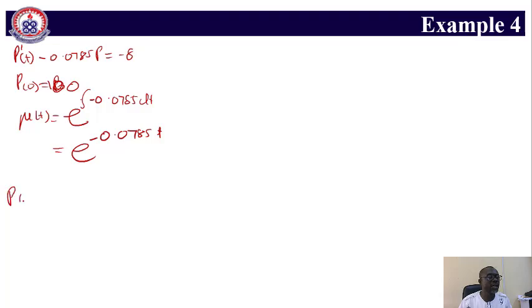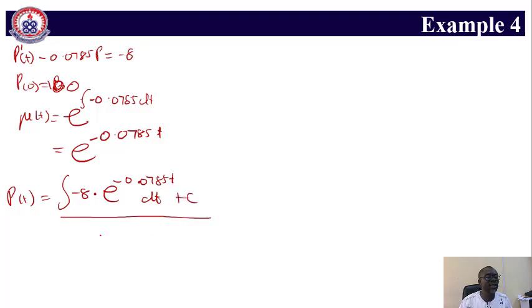So the population at any time is going to be the integral of negative 8 times e raised to the power negative 0.0785 t dt plus c, which is a constant, divided by e raised to the power negative 0.0785 t.